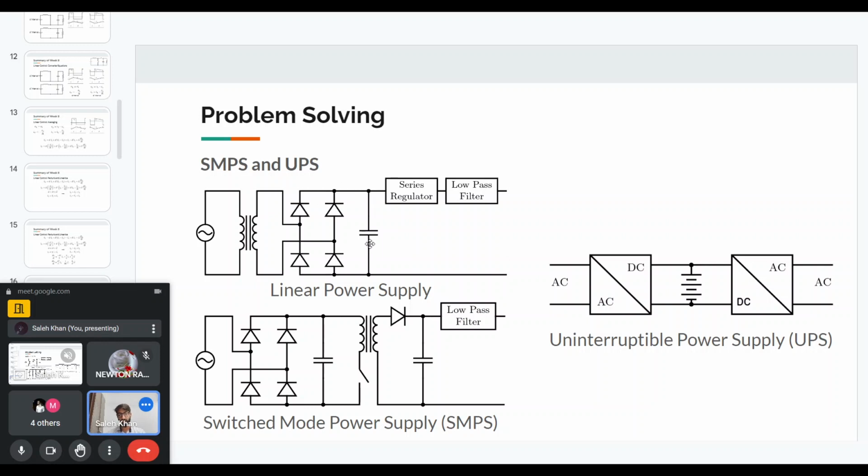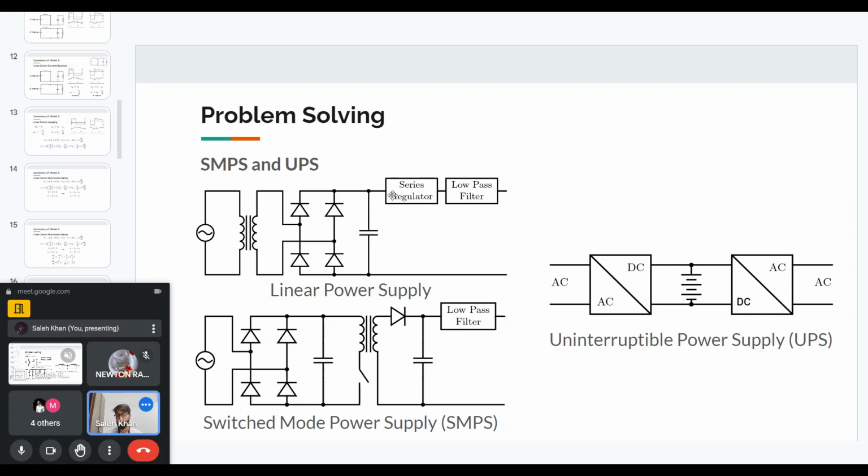We will get a voltage which will be smoothed out by the capacitor, and depending on how precise a voltage we want, we then have the series regulator, and then a low pass filter. The problem with the linear power supply is, first of all, we have a 50 or 60 hertz transformer, which will be larger in size compared to a higher frequency transformer.